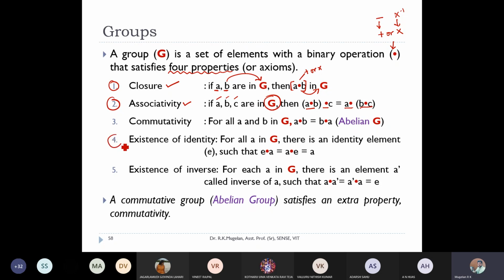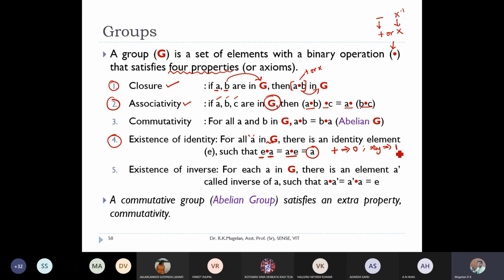Then comes the third property, the existence of identity. For any element belonging to this set, there will be an identity element such that performing the binary operation with the identity element and the element from the set gives back the same element. For example, for addition the identity element is 0, and for multiplication the identity element is 1.